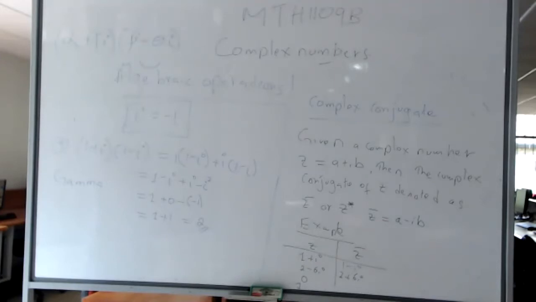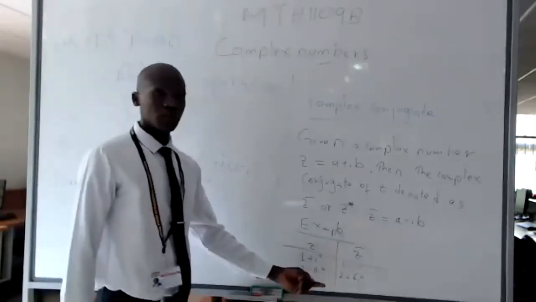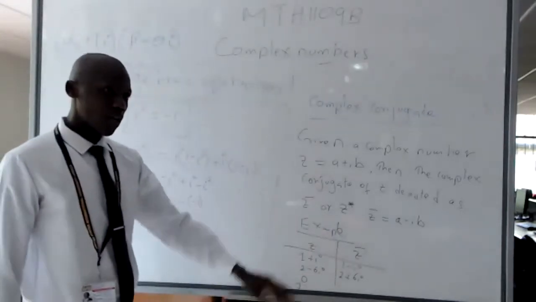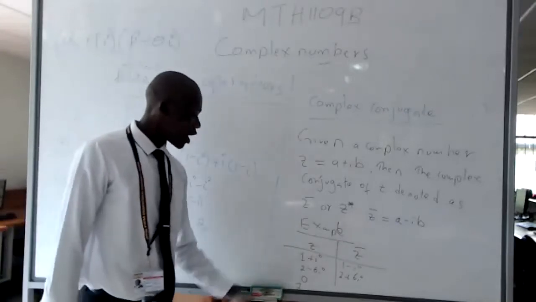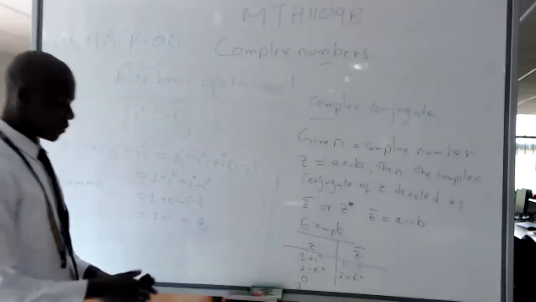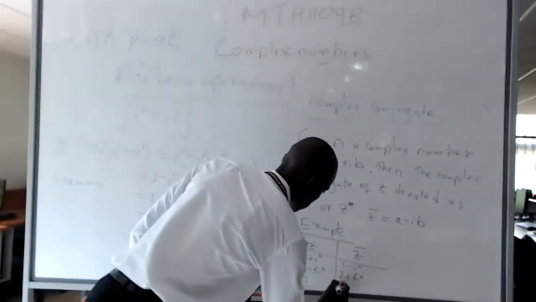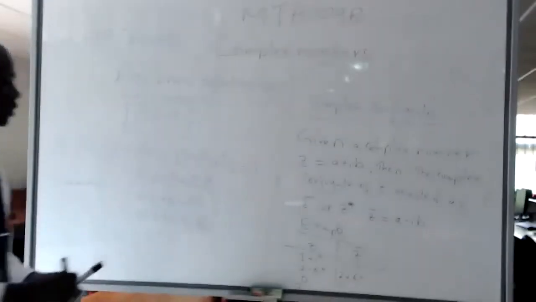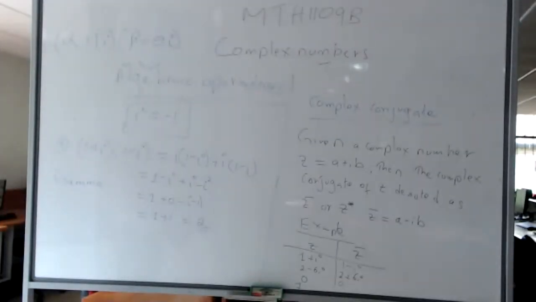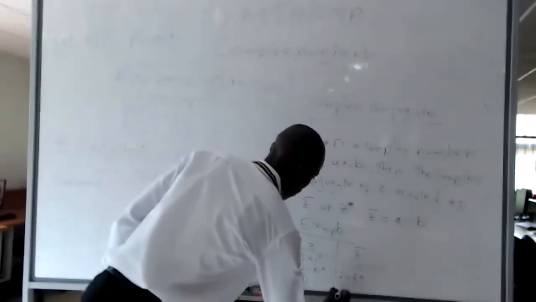Yeah, because minus 0 plus 0 is still 0. Good. So the imaginary part of this is 0. So when you change the sign, 0 minus 0, you still get a 0. How about 1? Same thing. It's still 1.